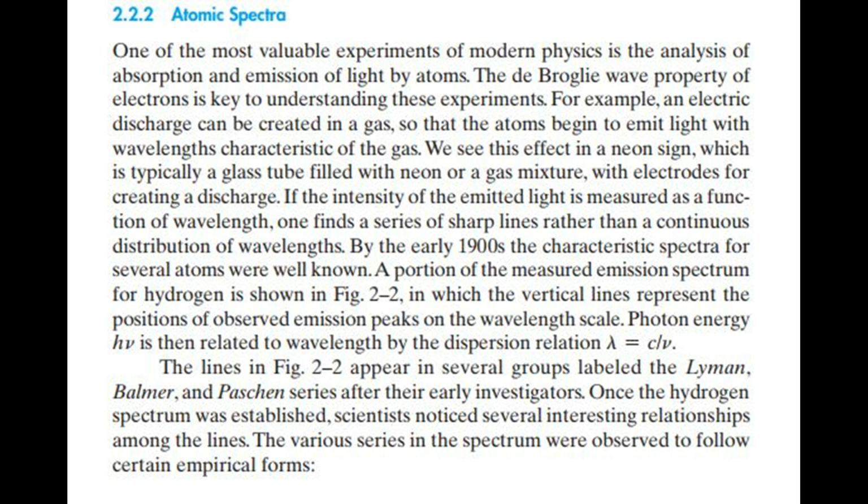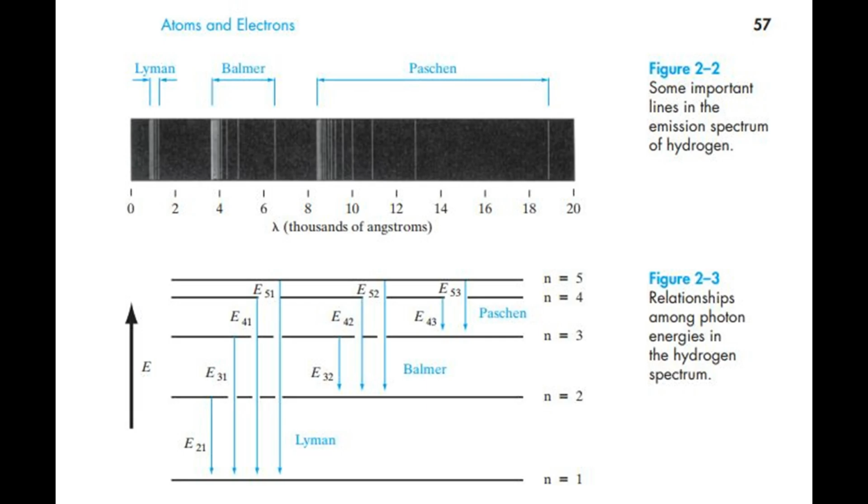Once the hydrogen spectrum was established, scientists noticed several interesting relationships among the lines. The various series in the spectrum were observed to follow certain empirical forms, where R is a constant called the Rydberg constant, R equals 109,678 cm^-1.